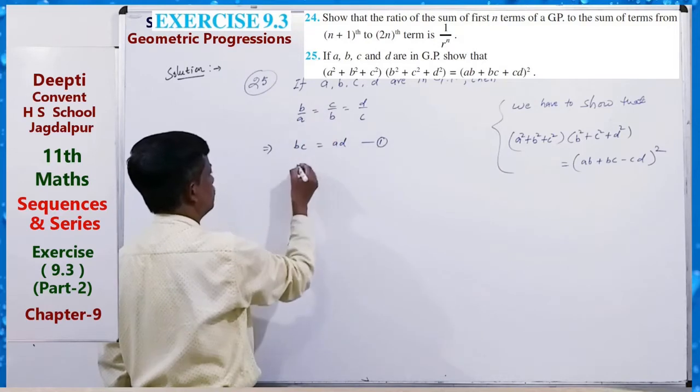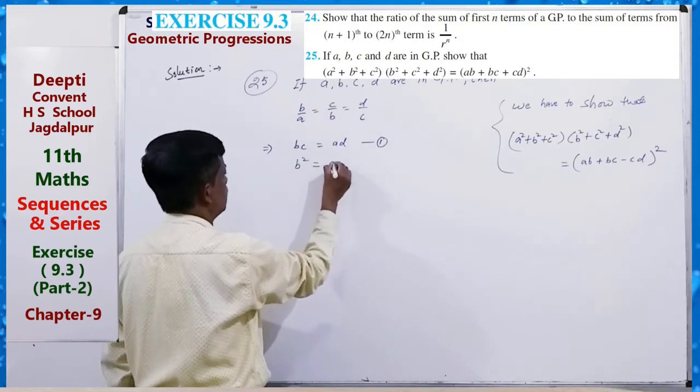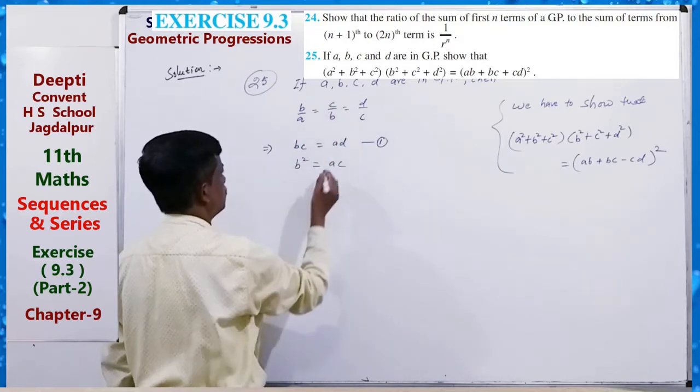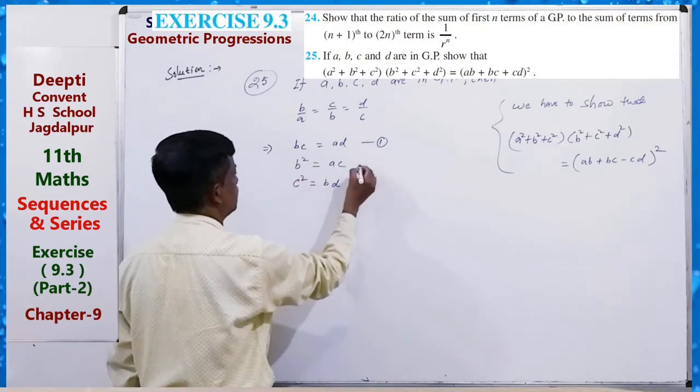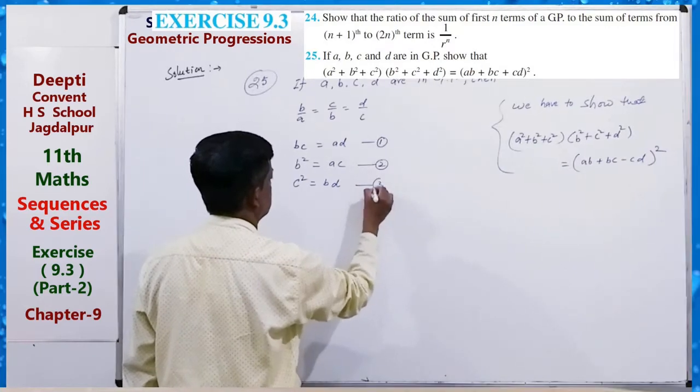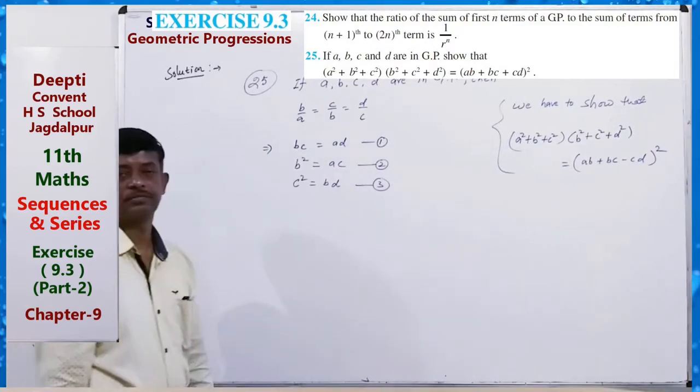Now B square equals AC, equation 2, and C square equals BD, equation 3. From here we can get like this.